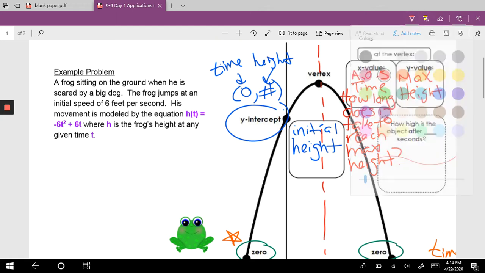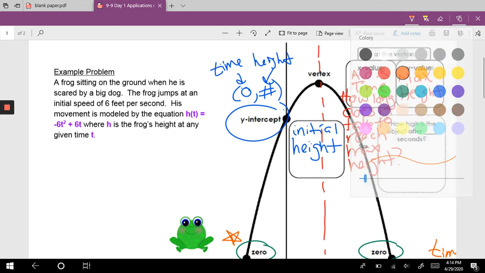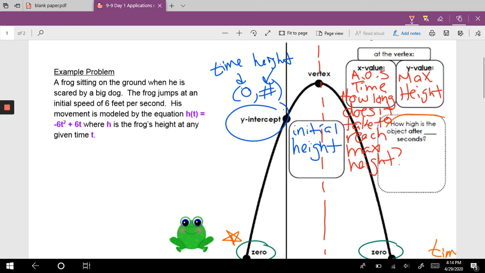All right, the last box on this diagram is this one right here, which I kind of cut into. It says how high the object is after an unknown amount of seconds, and I'm just going to say X seconds. What you can do is plug a number into the function, or you can interpret it off of the graph for, hey, what is the frog's height after 1 second?